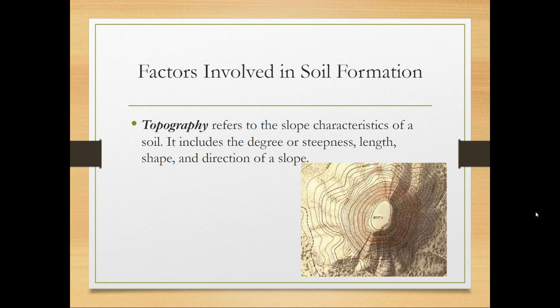Another important vocab term is topography. And this refers to the slope characteristics of soil or a land structure. So it includes a degree of steepness, length, shape, and direction of a slope. And this is important to know when we talk about transportation of soil, runoff.